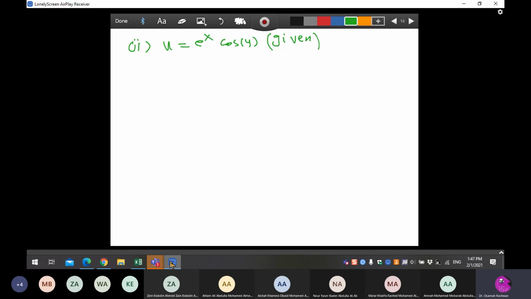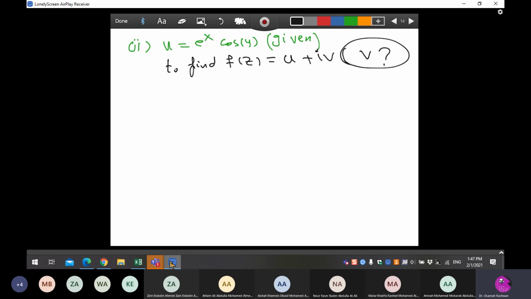To find f of z equal to u plus iv, I have to find v. So I'm looking for v.